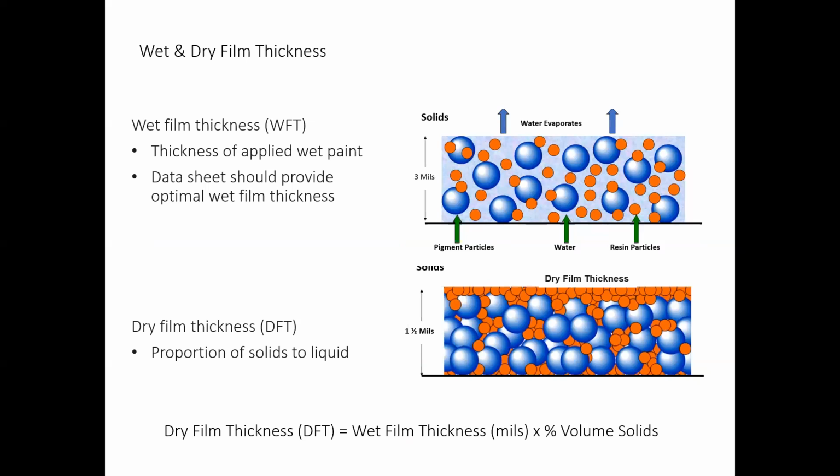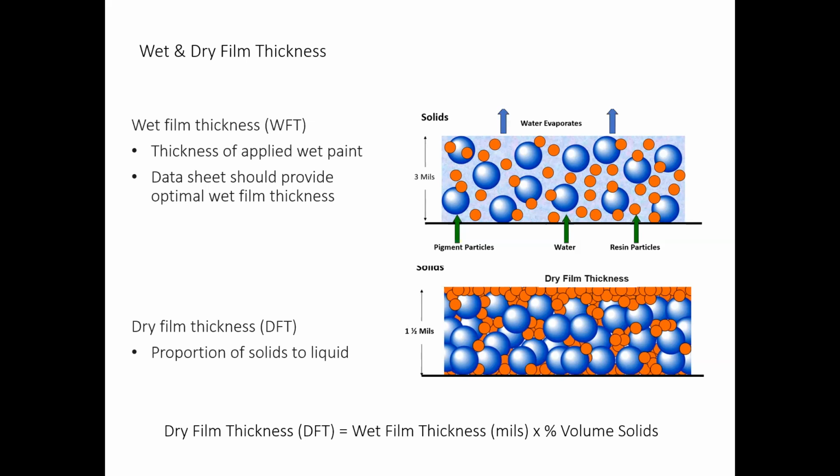So this gives you a diagram of wet and dry film thickness, to help you understand how you calculate dry film thickness. In the bottom screen, it shows 1.5 mils, but in the top, it shows 3 mils. Well, if this is a 50% solid paint, it would compact from 3 to 1.5 mils.